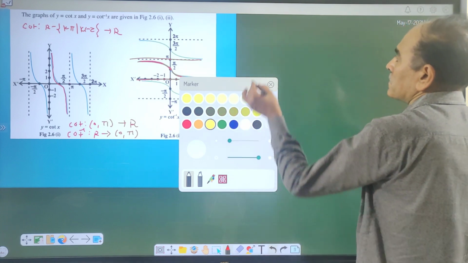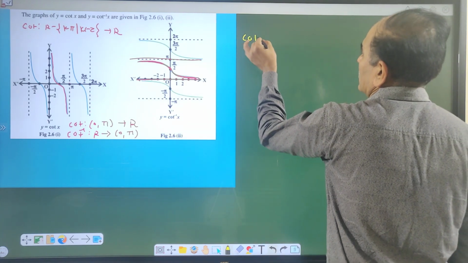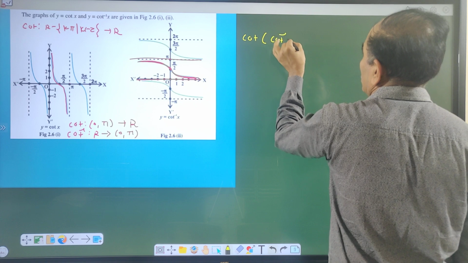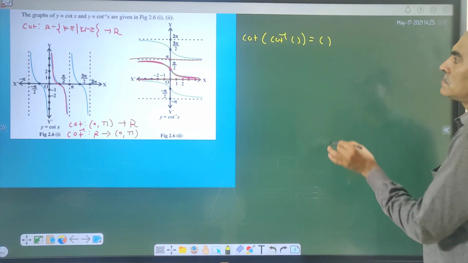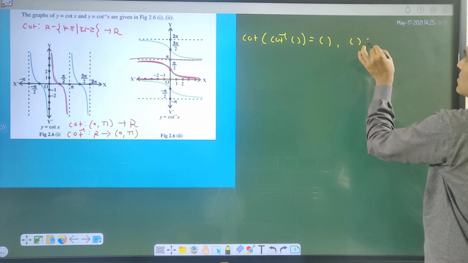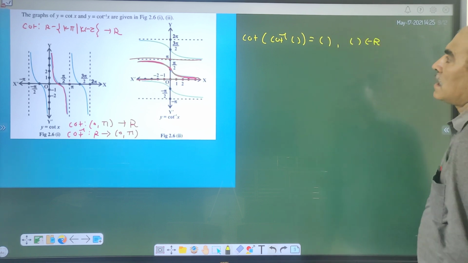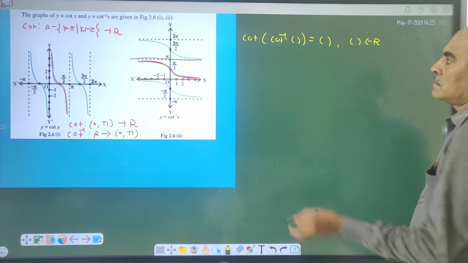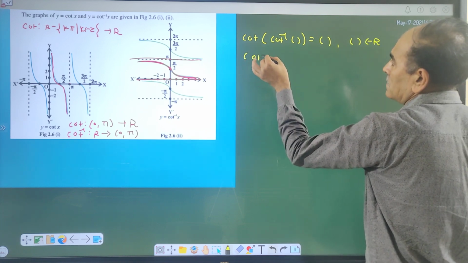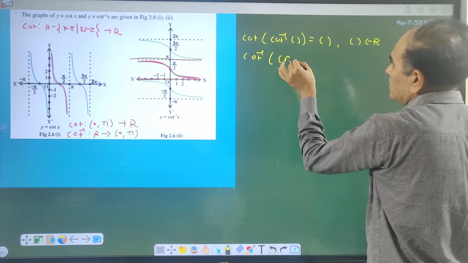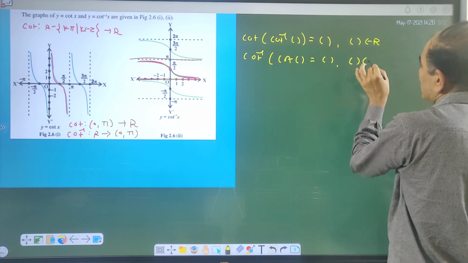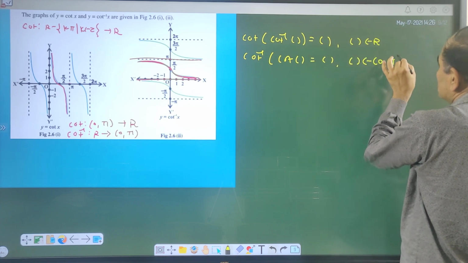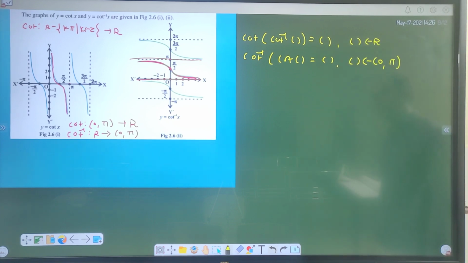Now see here, cot inverse of some angle is equal to some angle only when that angle belongs to R. And at the same time, cot inverse of cot of some angle is equal to that angle only when it belongs to the open interval 0 to pi.